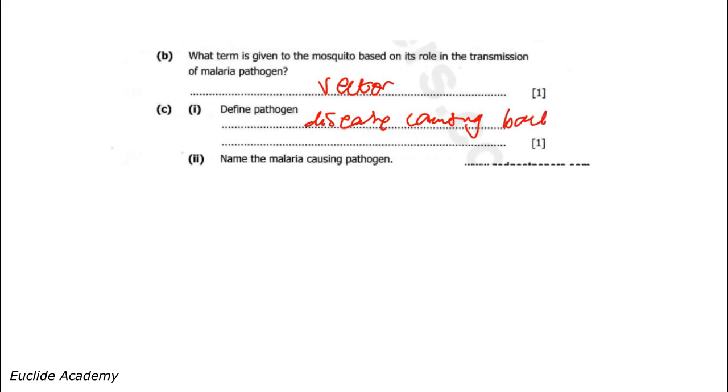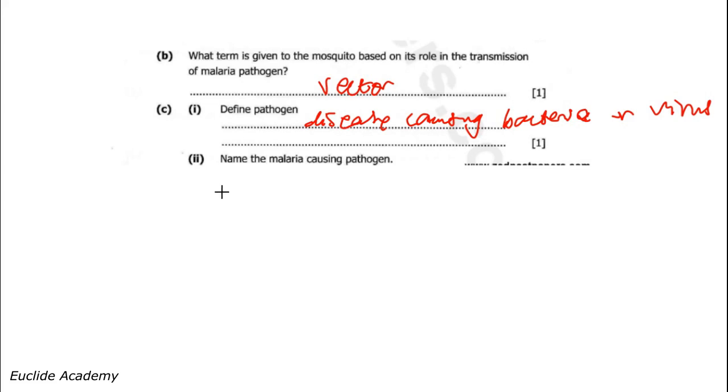Define a pathogen. So a pathogen is a disease causing bacteria.